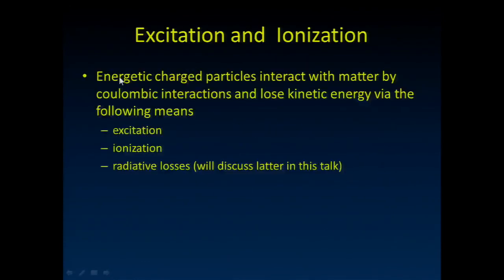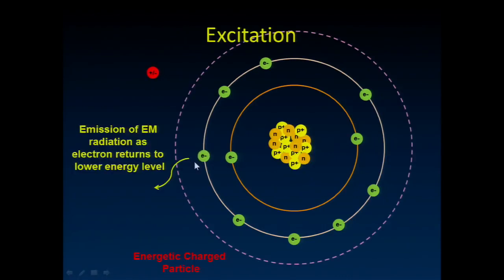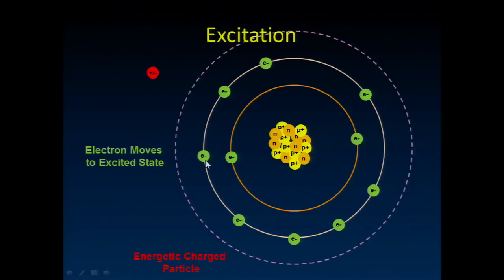Energetic charged particles interact with matter by Coulombic interactions and lose their kinetic energy via excitation, ionization, and radiative losses. So these are things that have mass, particulate radiation, with mass and charge. Here we have an energetic charged particle, and as it passes close to an atom, it may excite one of these outside shell electrons, and that electron may move to a slightly higher shell temporarily and then move back.